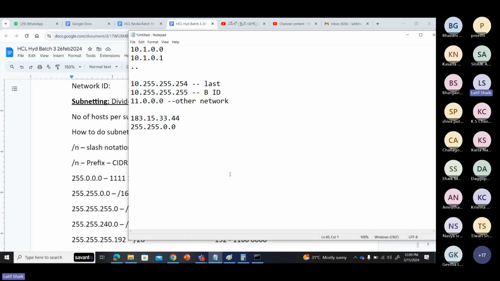So what network ID did I get? 183.15.0.0. This is my network ID. And for example, I take another IP address, 15.33.44. I changed my subnet mask. I wanted to change the subnet mask like this.